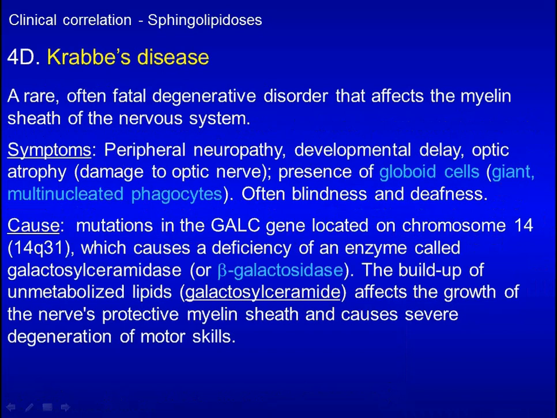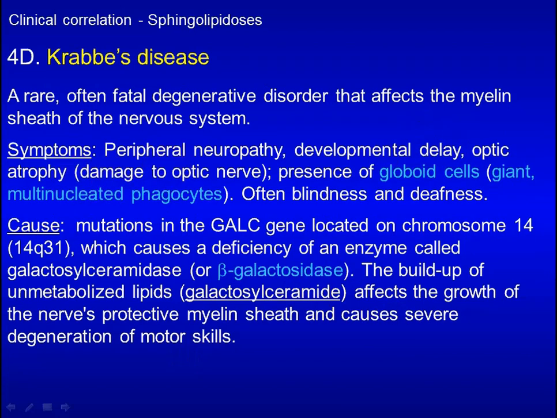Krabbe's disease is caused by deficiency of beta-galactosidase. The deficiency causes buildup of galactosylceramide, which affects the growth of myelin sheath and causes severe degeneration of motor skills. Symptoms include peripheral neuropathy, developmental delay, and optic atrophy with reduced vision.